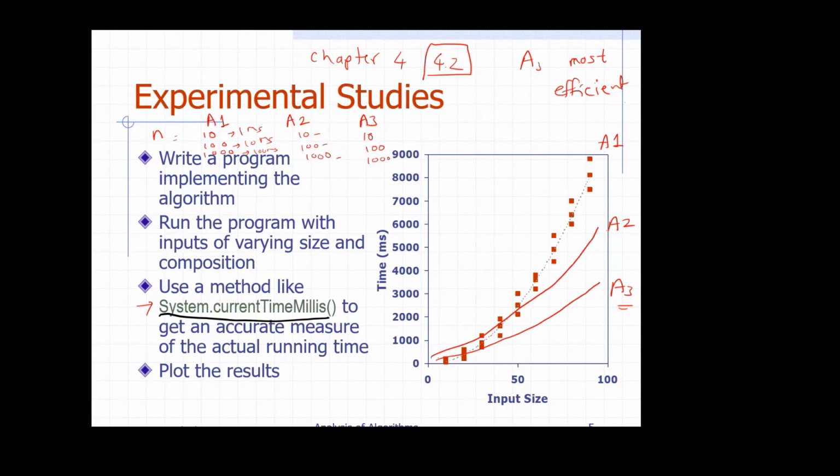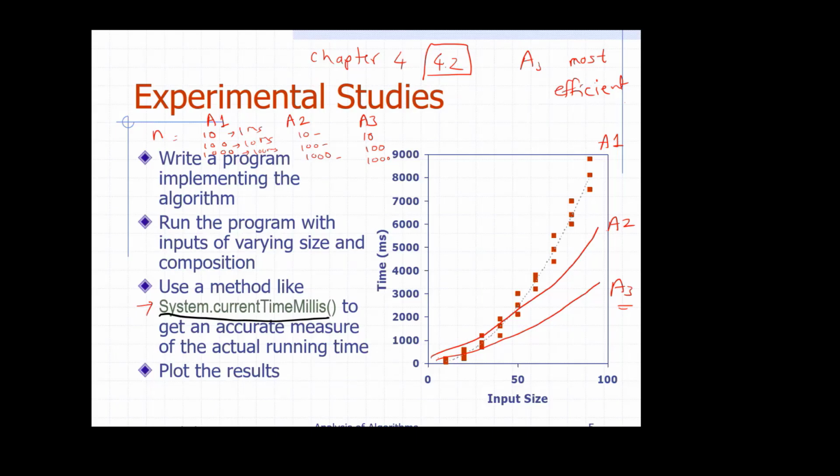So the ideal approach would be to write a program to implement the algorithm, run the program with the various inputs we discussed, and then use something that gives you the time it took to execute for every method. Some function like System.currentTimeMillis will give you, for every execution, how much time in milliseconds it took.